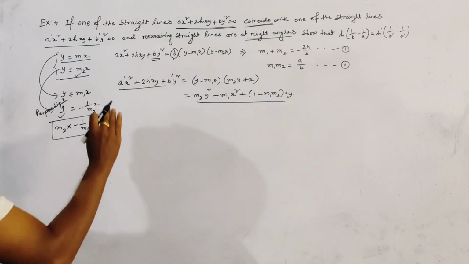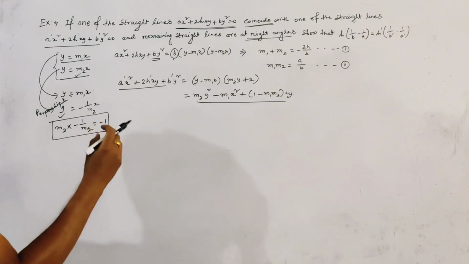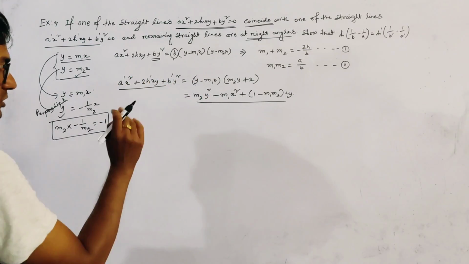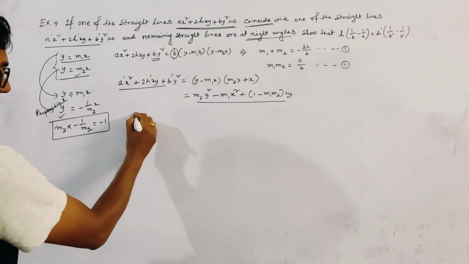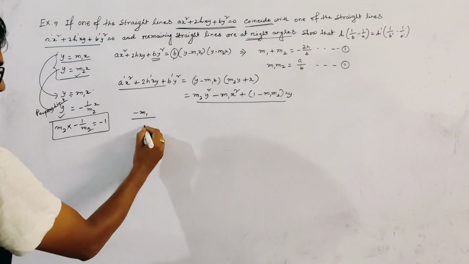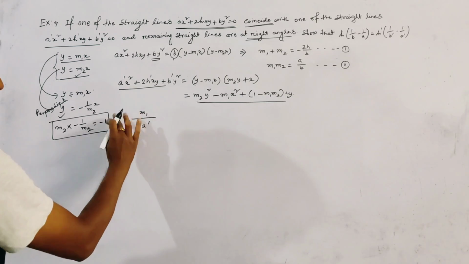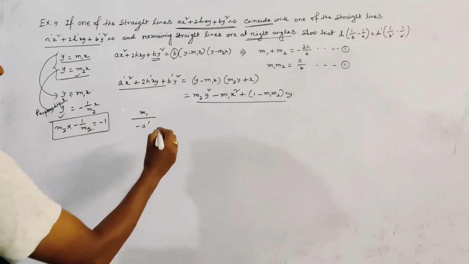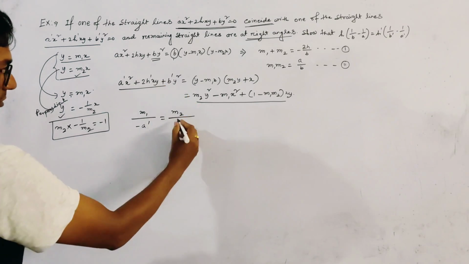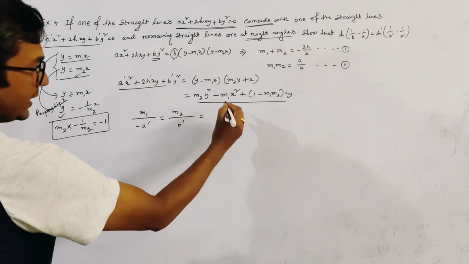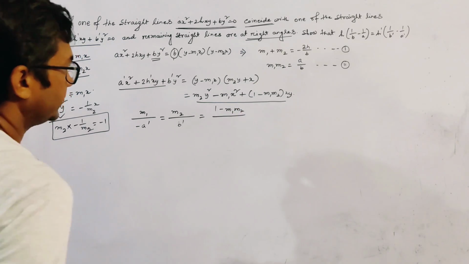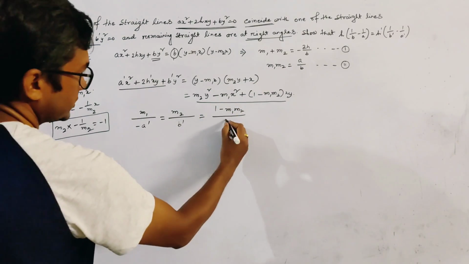Since this equation is equal to this equation and this is an identity, comparing the coefficients of equal powers of x and y from both sides, we write m1/(−a'), and the second is m2/b', and the third is (1 − m1m2)/(2h').